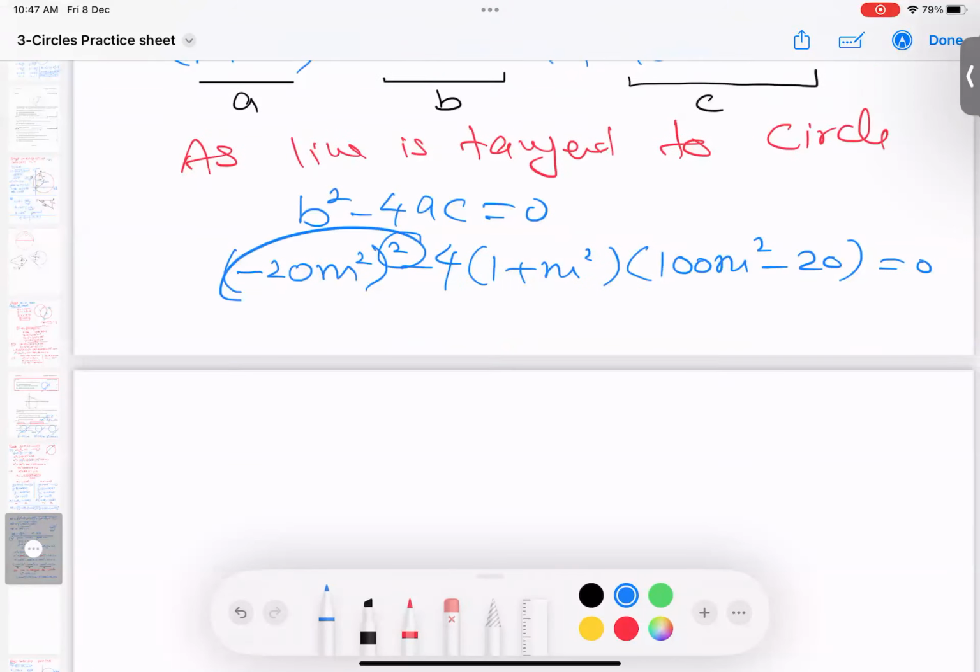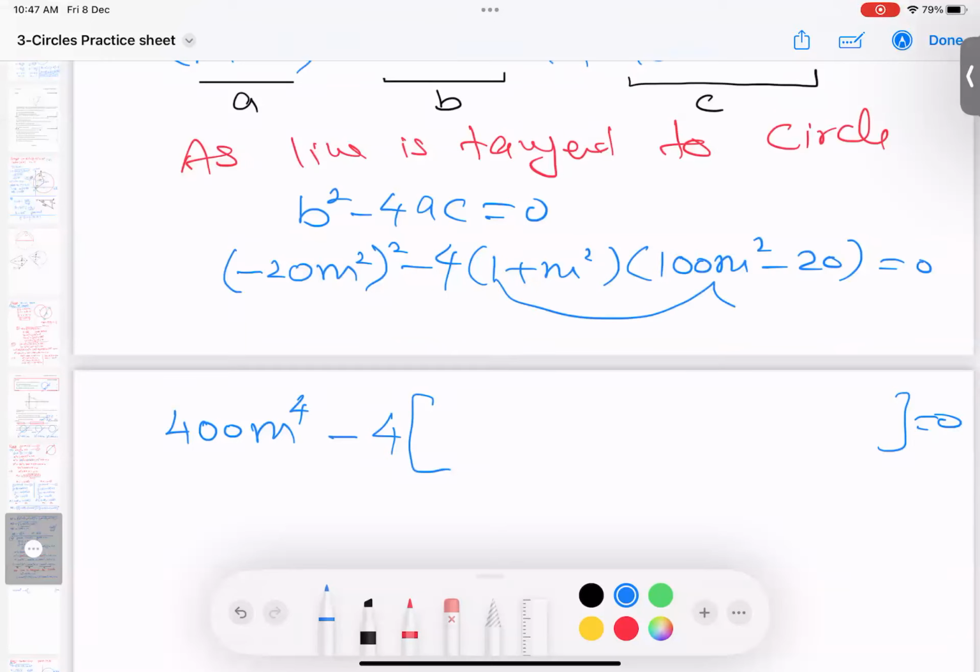So the square of 20, I get 400, and the square of m squared becomes m to power 4, and 4 multiplied first inside, I get a minus. Okay, I have two choices. I either multiply these two first and then bring 4 inside. This is a better approach. So I'm doing it like this.